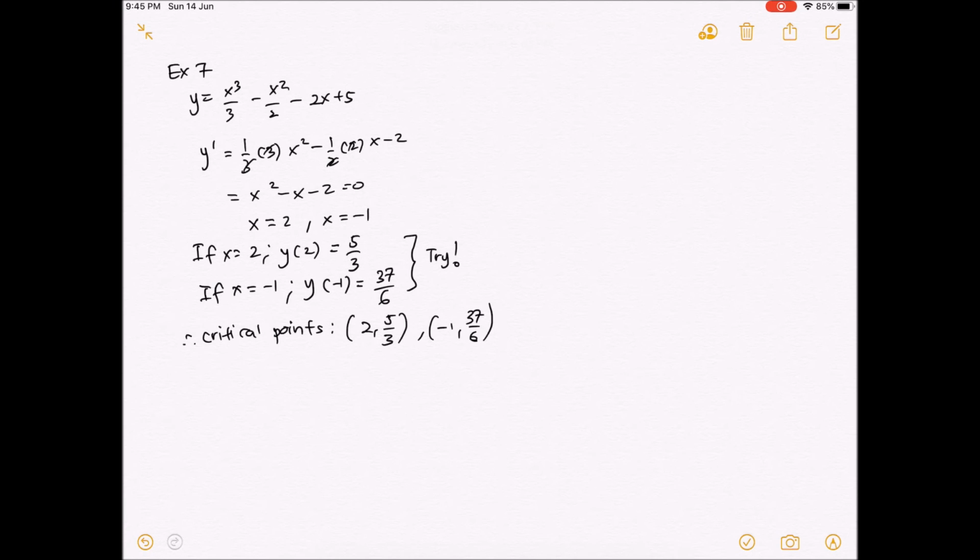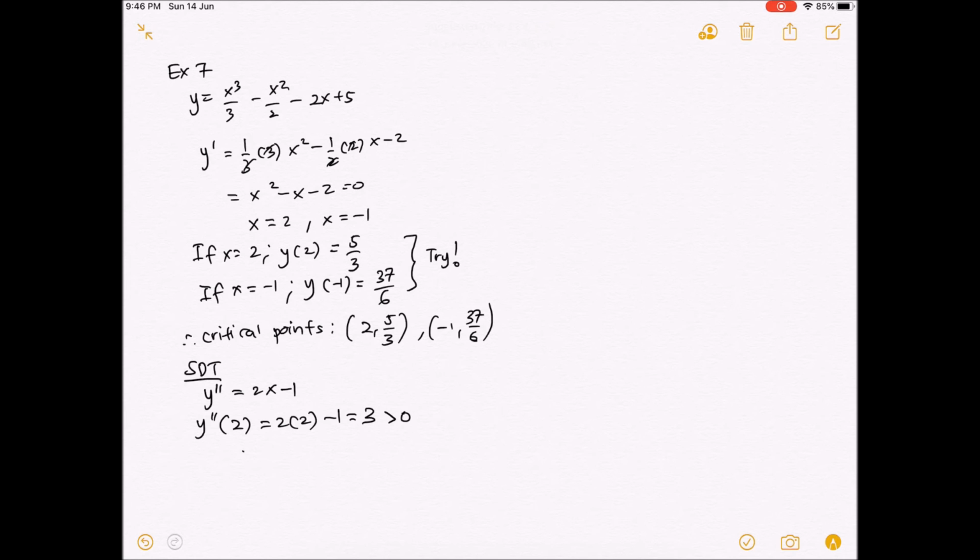Let us use the second derivative test first because this is easier. Differentiate twice, and we will have 2x minus 1. Now test our critical points. y double prime of 2 will be 2 times 2 minus 1, which is 3.